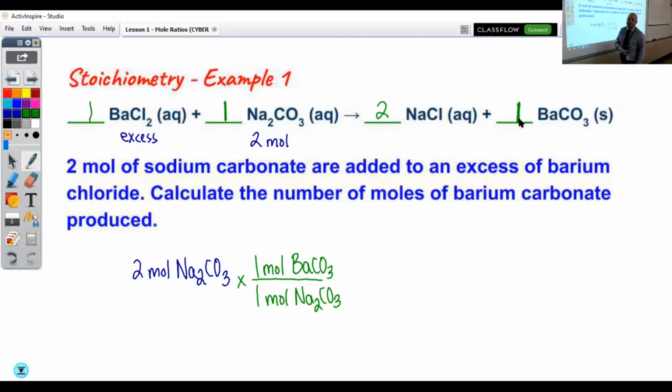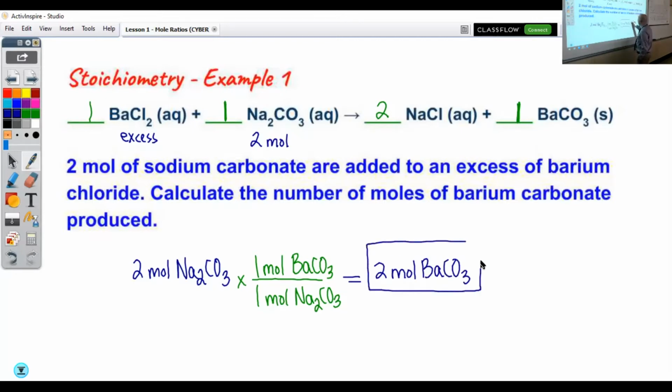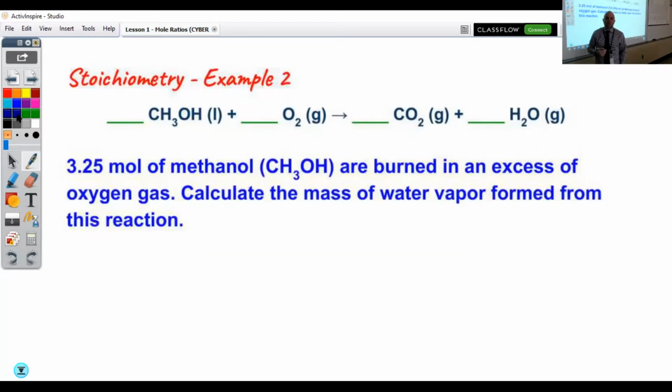We will see examples like that in the future. So obviously, when we multiply this through, we'll have 2 moles of barium carbonate as our answer. And also look at how our units will cross out here. So moles of sodium carbonate will drop out.